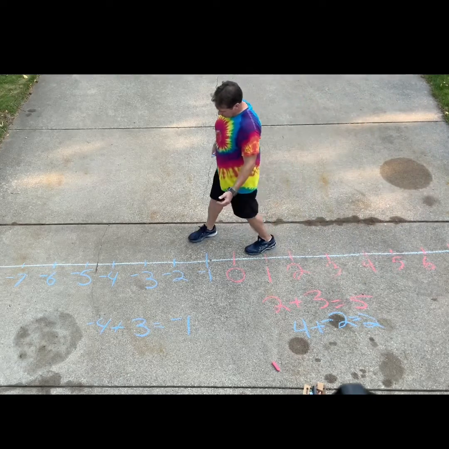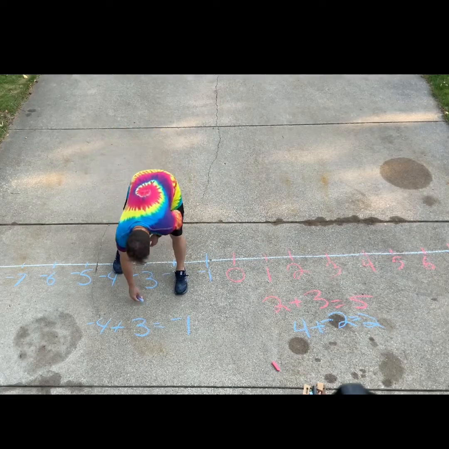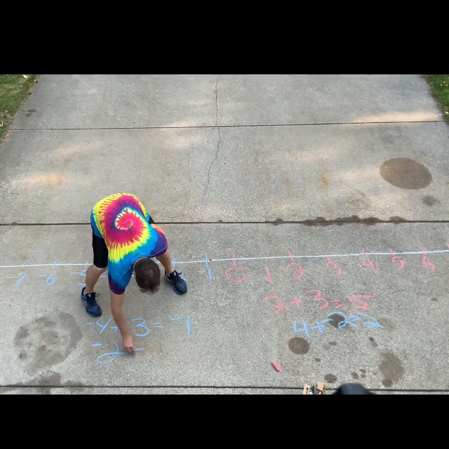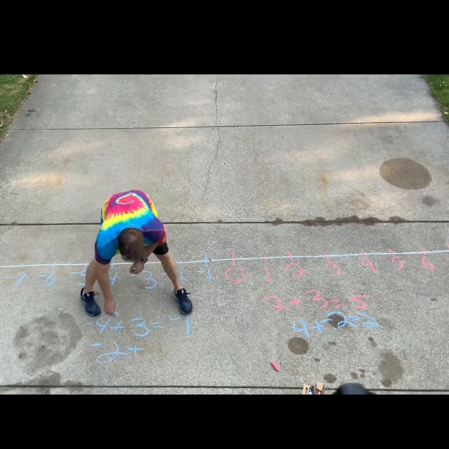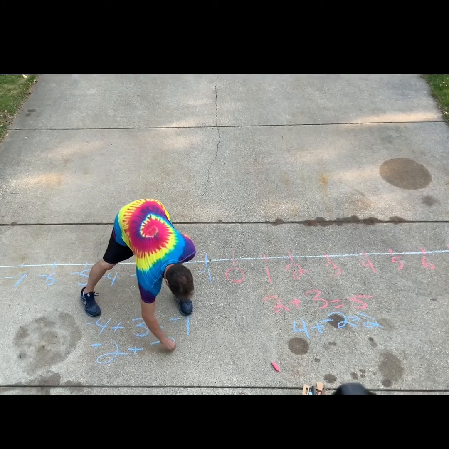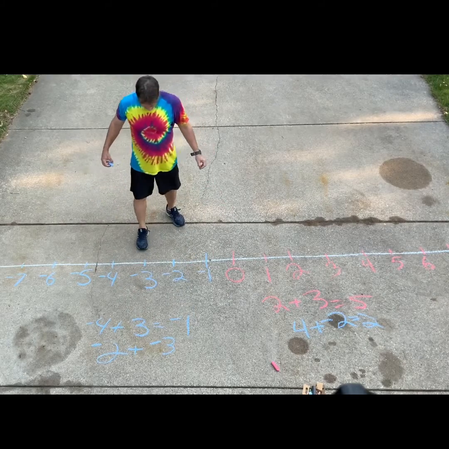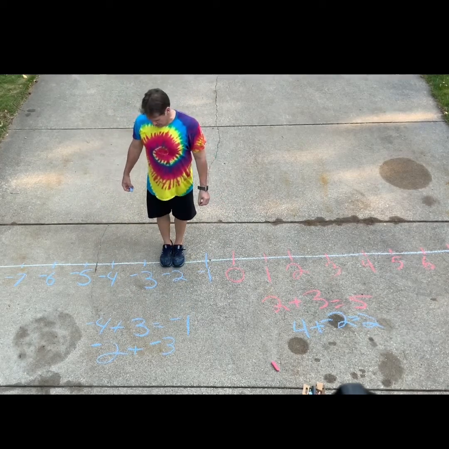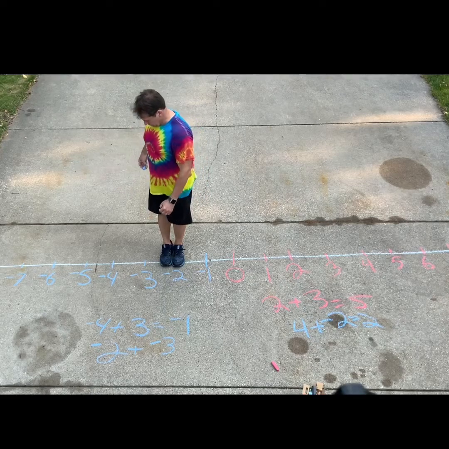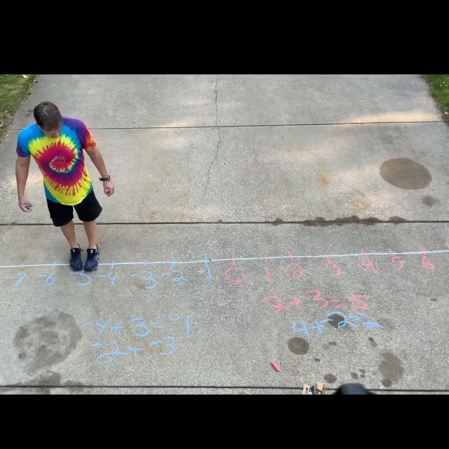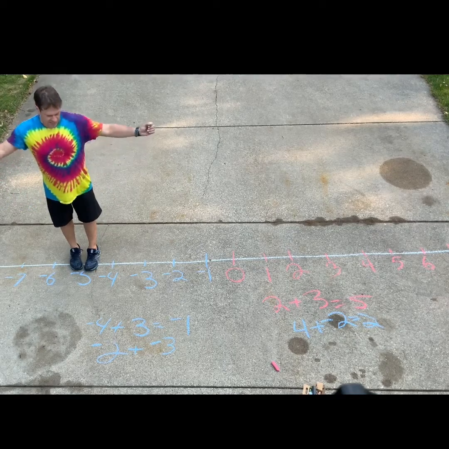What happens over here, if I started at negative 2, and I'm going to go 3 in the negative direction, so negative 2 plus negative 3. I'm starting at negative 2, and I'm going 3 spaces to the negative: 1, 2, 3. 3 spaces to the negative will give me negative 5.